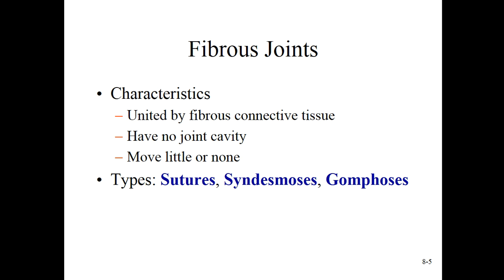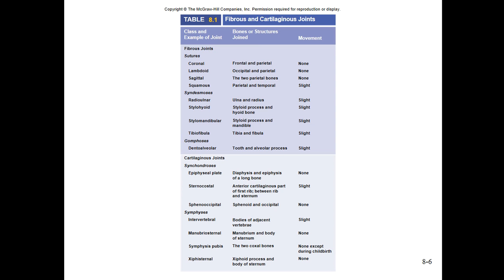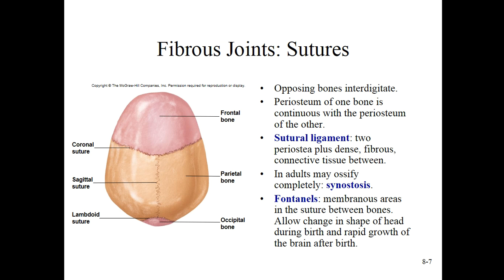The fibrous joints are united by fibrous connective tissue, mostly collagen. There's no joint cavity. There's little movement. In some cases, not really any movement. And examples of these fibrous joints include sutures, the syndesmoses, and gomphoses. We can see the sutures here. Remember, in an adult who isn't yet 80 or 85, anybody younger than that, your sutures are fibrous joints.